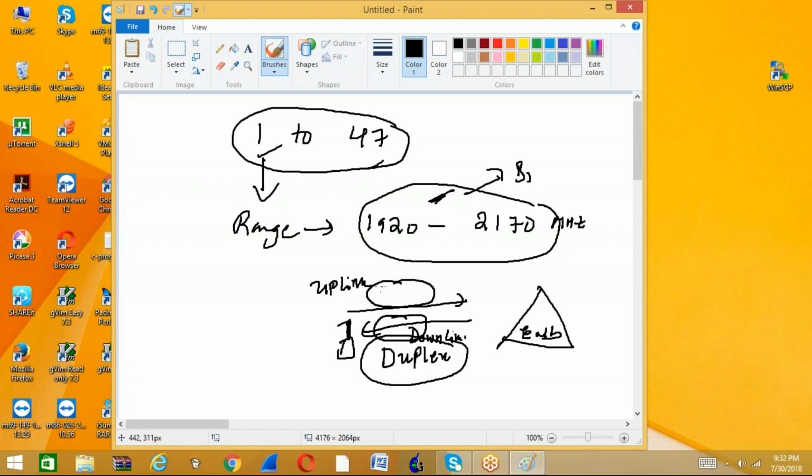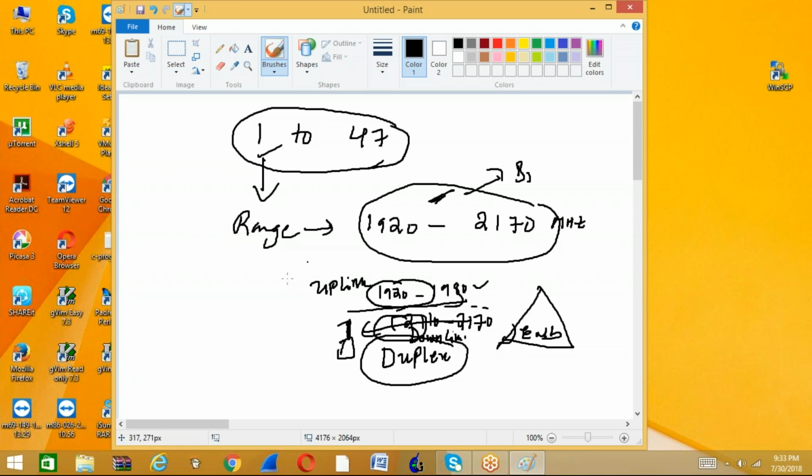In B1, I divide 1922 to 1980 as uplink, and 2110 to 2170 as downlink. Getting my point? I'm dividing this range into two parts.